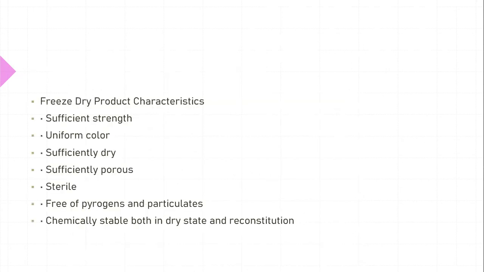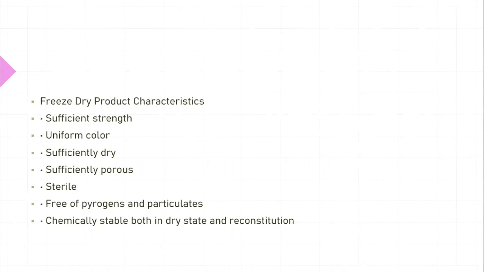Freeze drying product characteristics: they should have sufficient strength, be uniform in color, sufficiently dry, sufficiently porous, sterile, free of pyrogens and particulates, and chemically stable both in dry state and reconstitution. Why are they free of pyrogens and particulates?